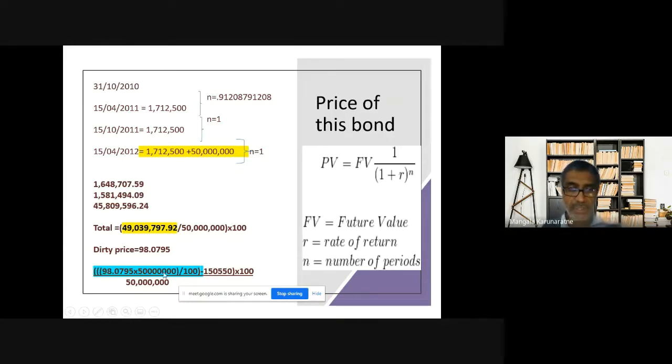This part is your clean price, but we need to get the clean price for 100 units to quote, right? Usually we quote for 100 units. So then we have to divide it by 50 million to get for 1 unit and multiply it by 100 to get 100 units, right? So try to get the answer here.